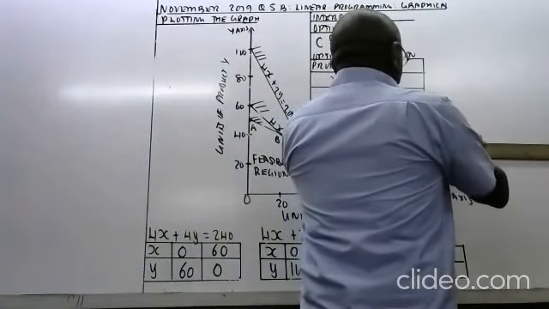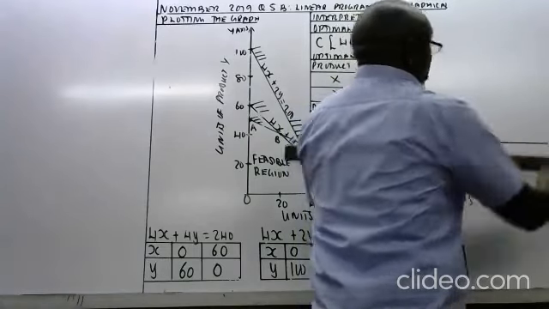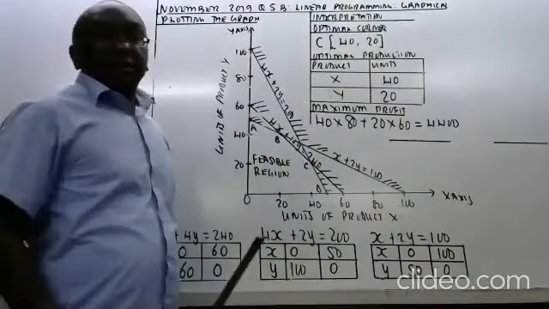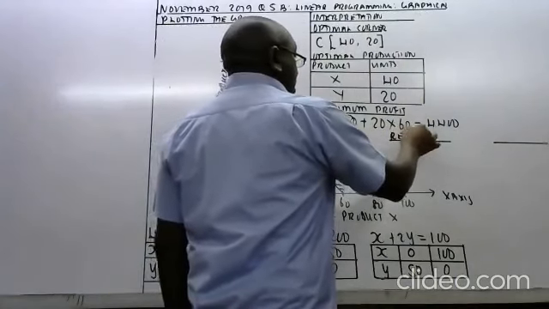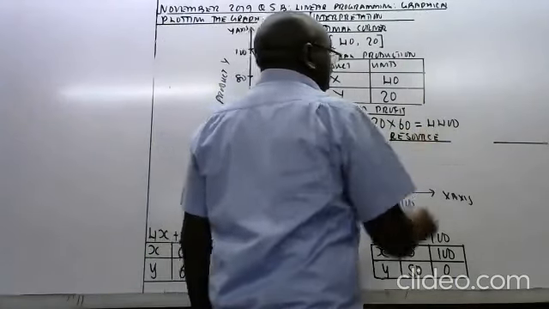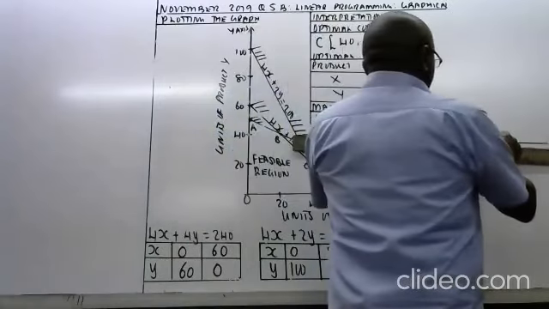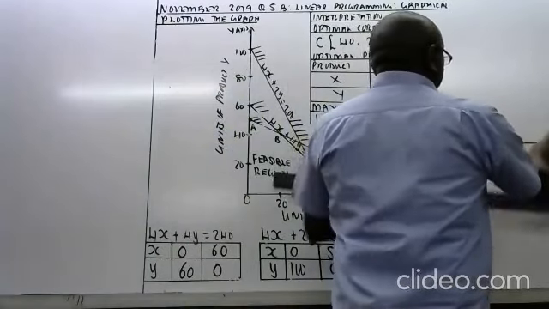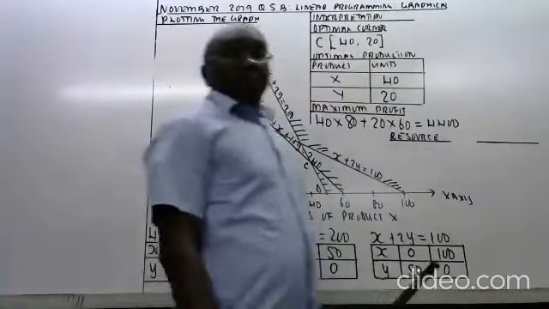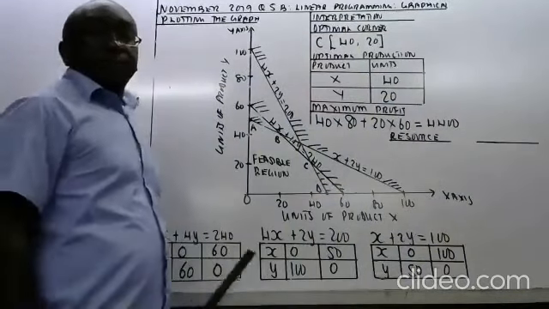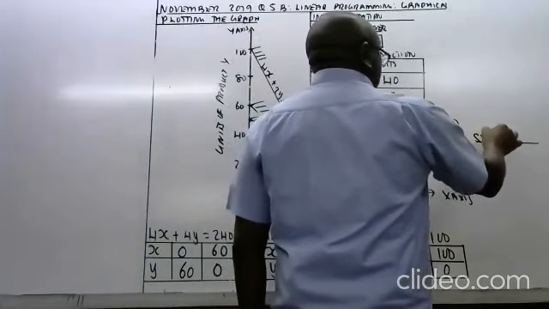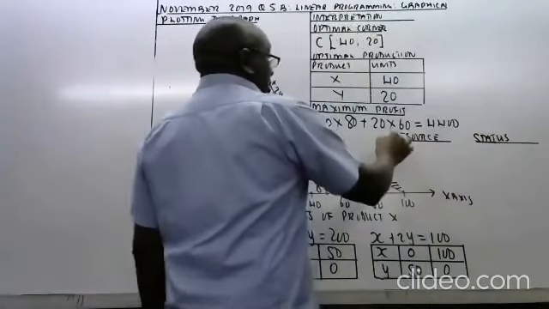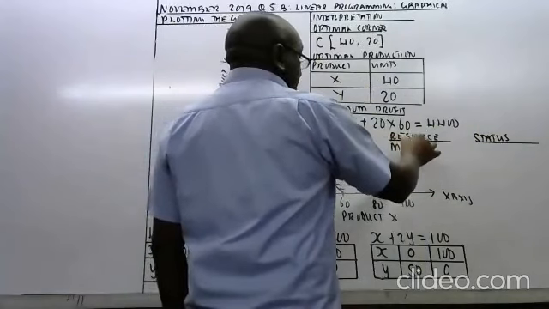The last interpretation that we require is resource and the status. We have resource here, and then the status. So the first resource is material.